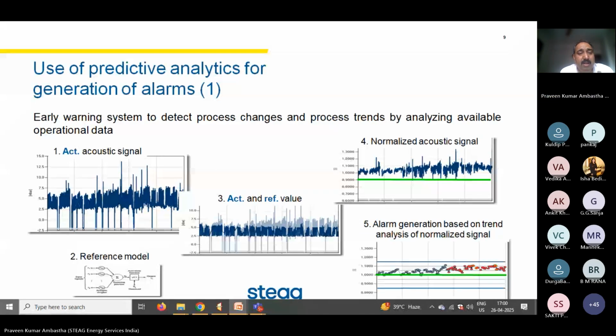And right now, it will be the same as my statistical process control or early detection of the fault, which I have told you in my earlier module demonstration, that we shall collect the actual acoustic signals. So of course you can see this is my actual acoustic signals. Here I cannot catch where my tube leakage is.